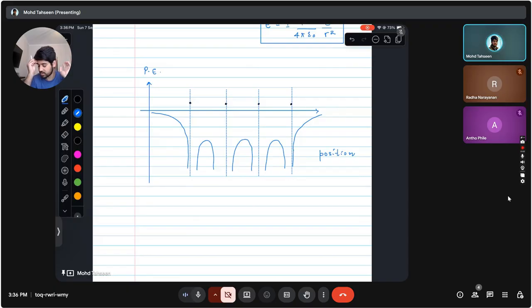For example, if the moving electron, let's say this red marker is now the moving electron, once it reaches here, it's basically stuck to the positive core. So that's its most stable configuration.